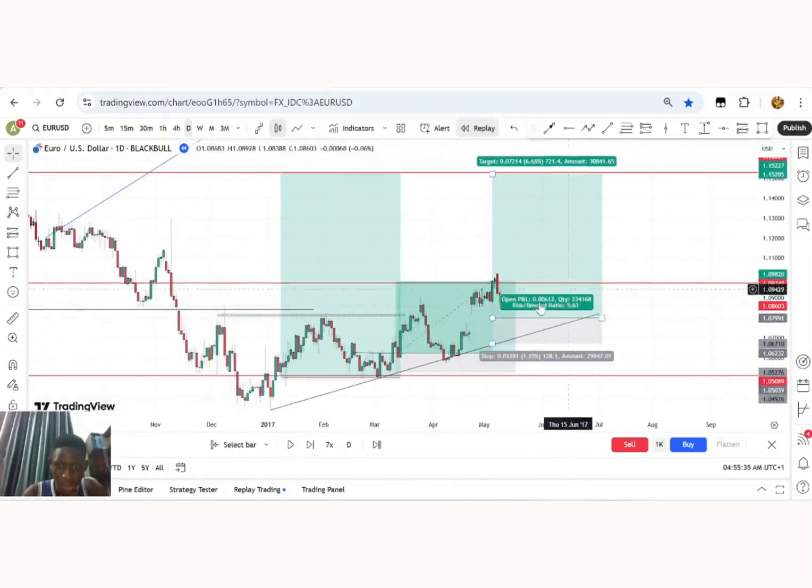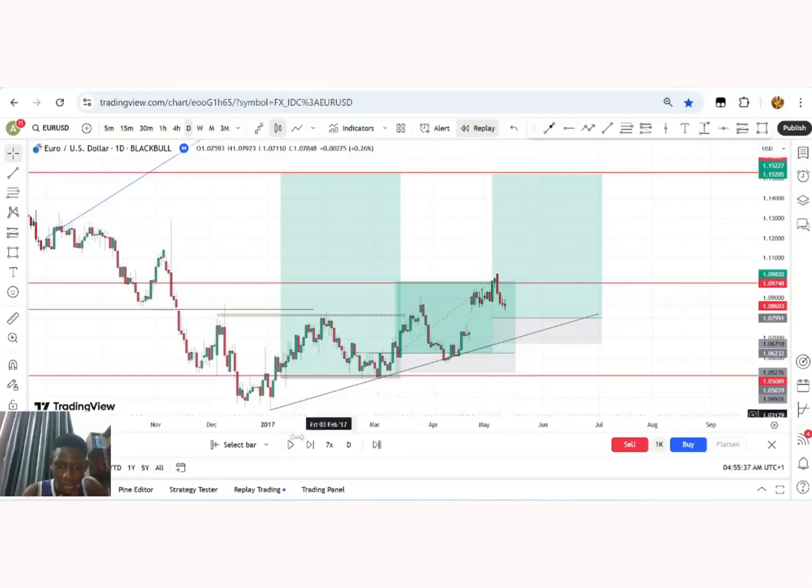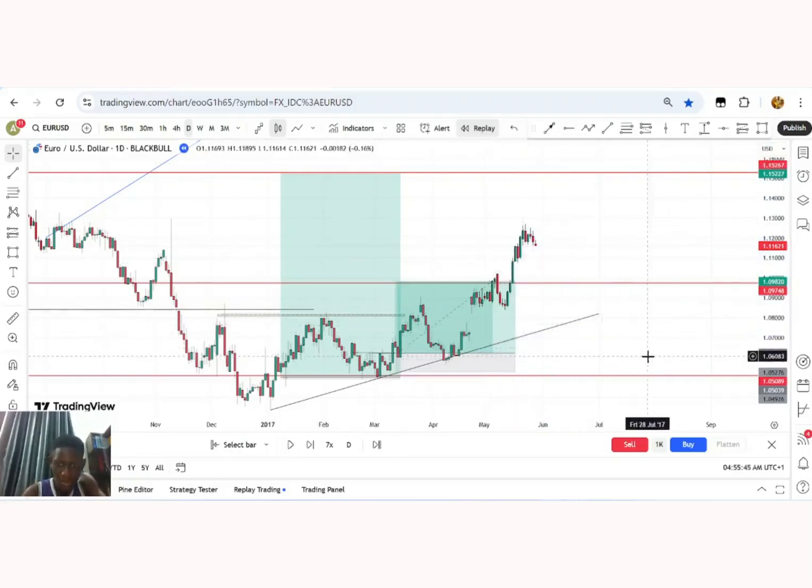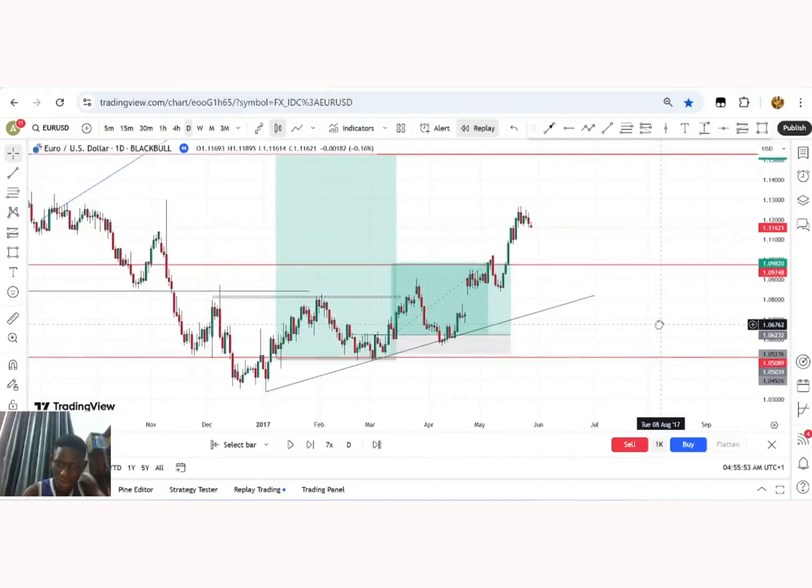This is a limit order. The market needs to come down, activate, then go up. So you can see the market did not even activate this one. So this one, we delete this one. So what happened now? See this trend. 1, 2, 3 touches. So now, can we spot any other thing?